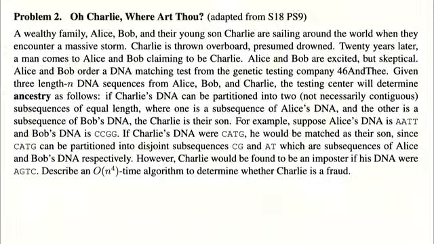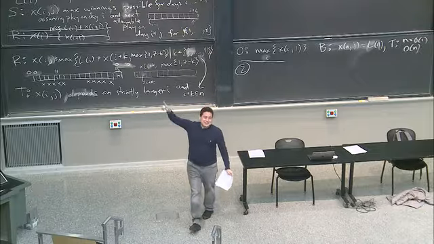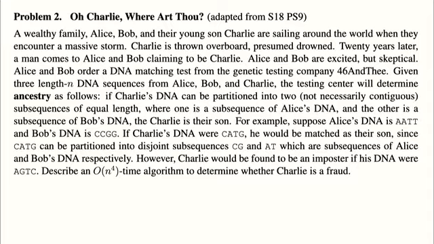It's easy to see that he's an imposter with these strings, but you can imagine with longer strings this could be difficult to solve. So we want an n to the fourth time algorithm to determine whether Charlie is a fraud. I actually shortened this last night. This was twice as long on the problem set.